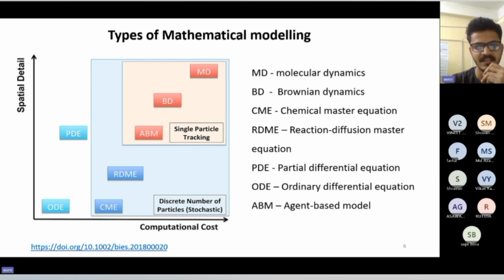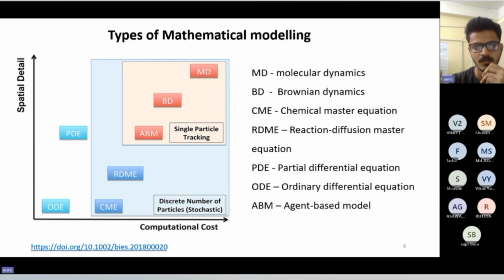Then we have the reaction diffusion master equation and the chemical master equation. These take stochasticity into consideration because, as you know, many biological reactions are not deterministic. They are stochastic, in the sense that if something is happening at this time step, in the next time step we cannot say deterministically what is happening.